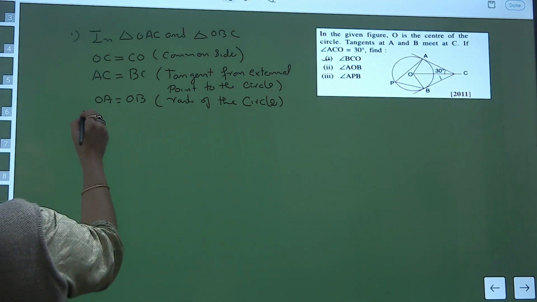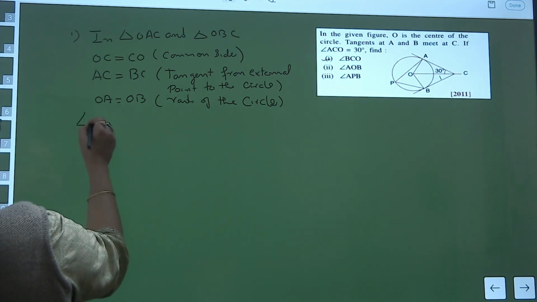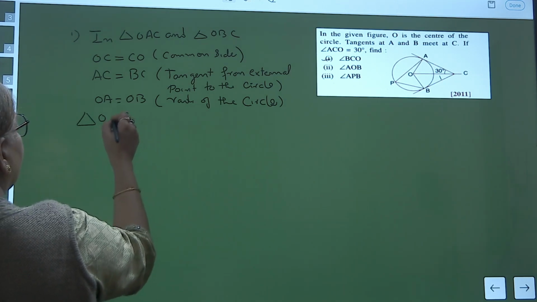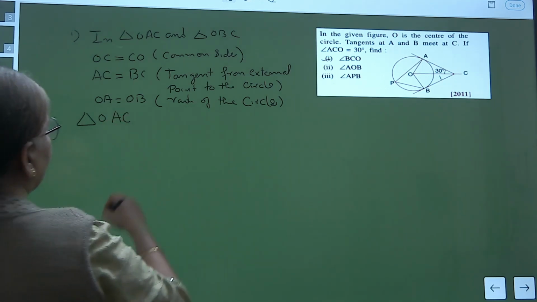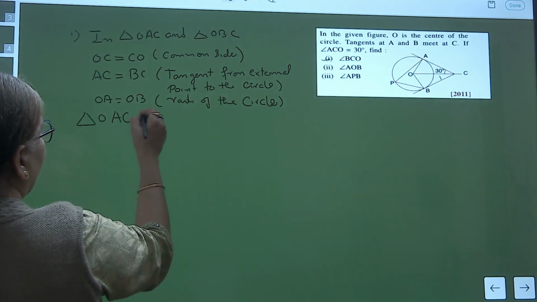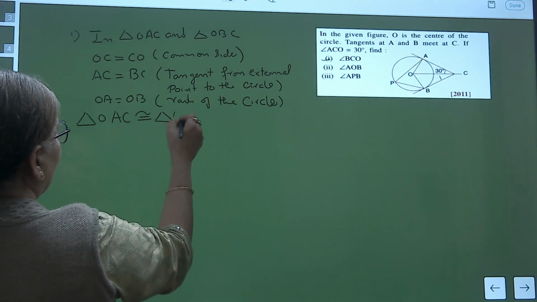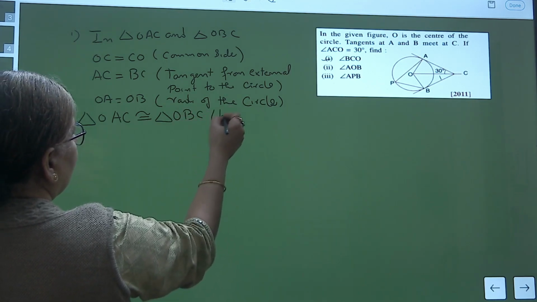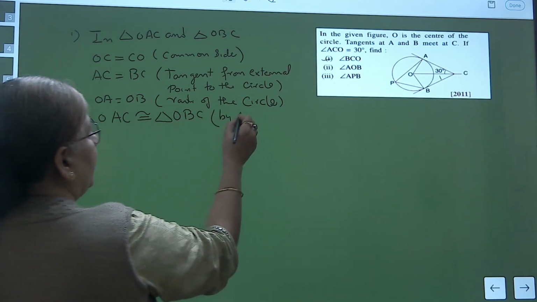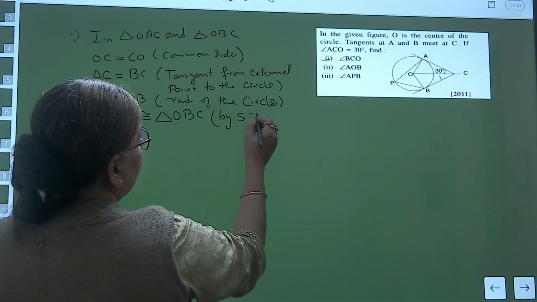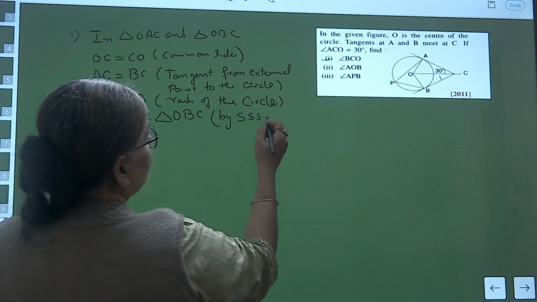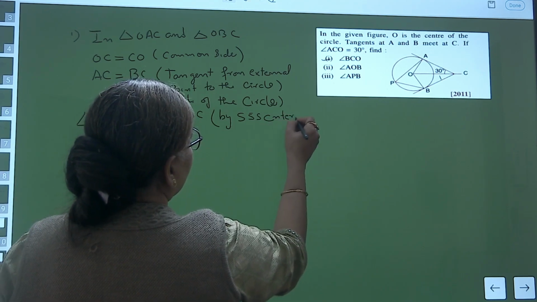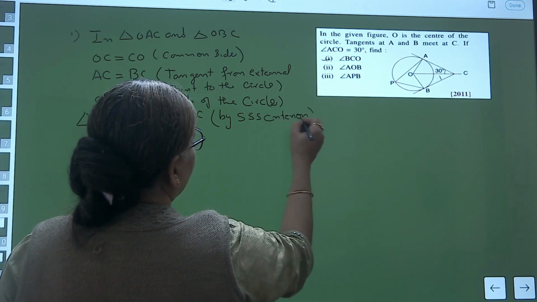So, we can say triangle OAC is congruent to triangle OBC by the SSS criterion.